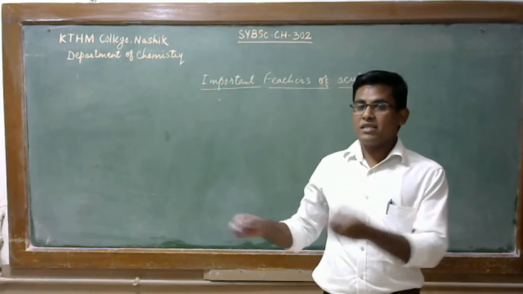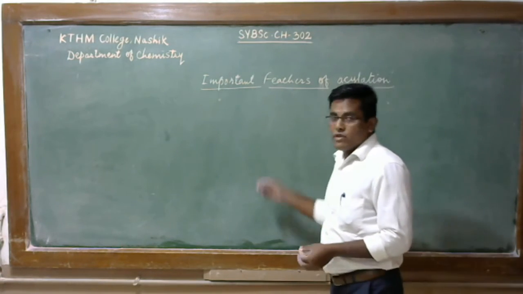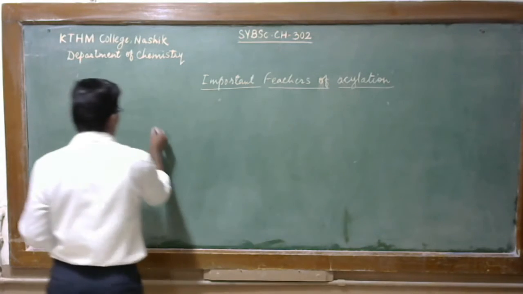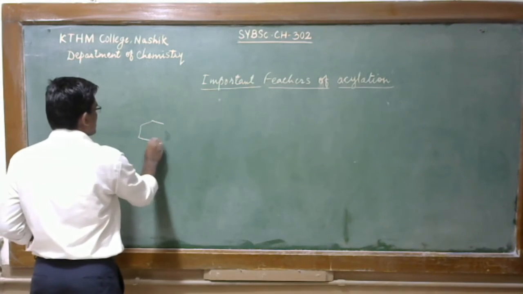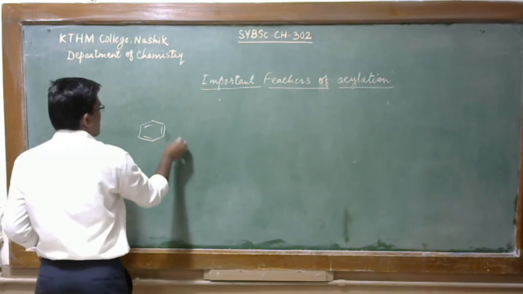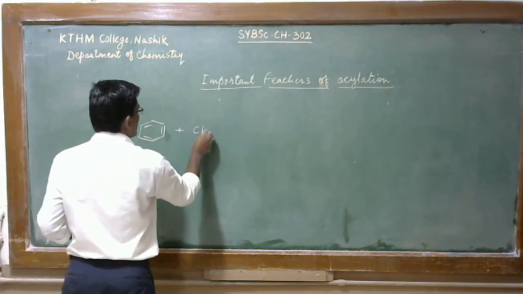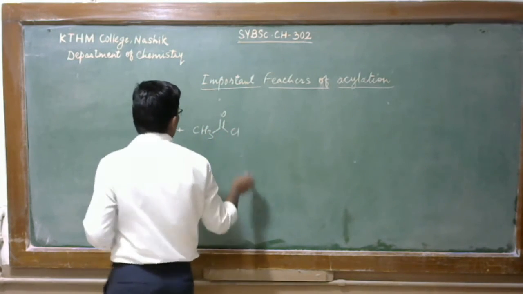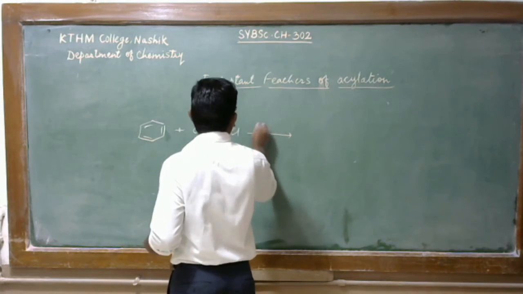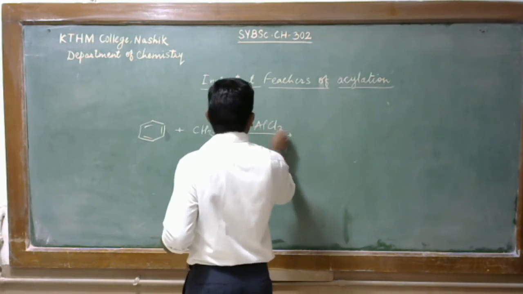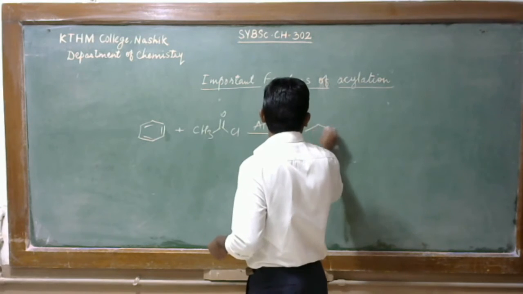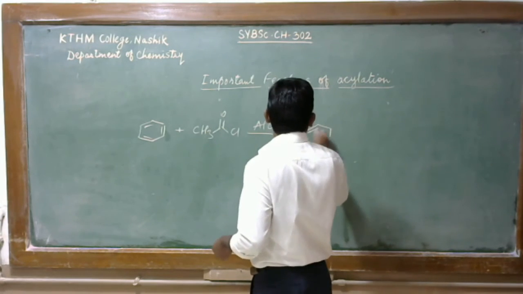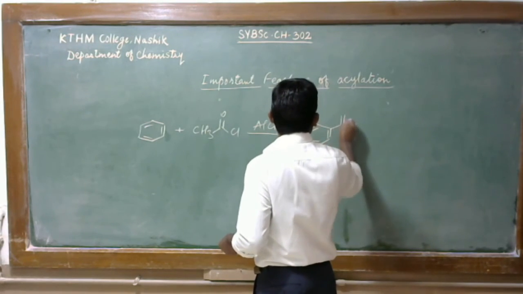But on the other hand, when you introduce the acyl group into the benzene ring in the presence of AlCl3, it gives rise to this product.